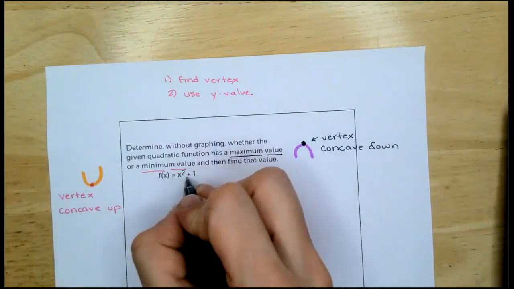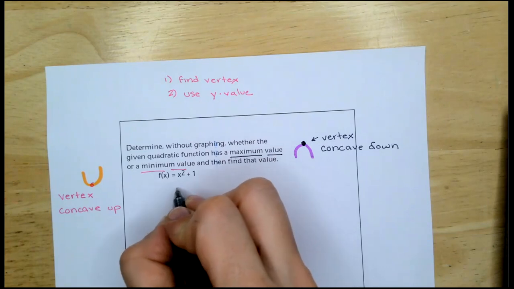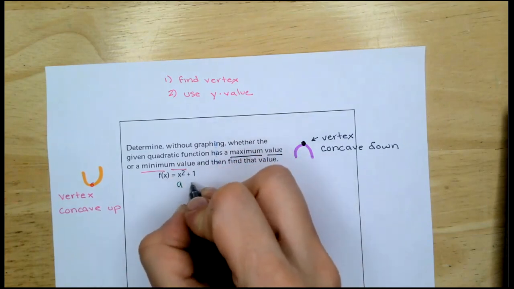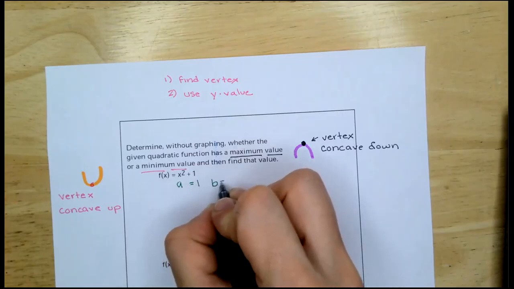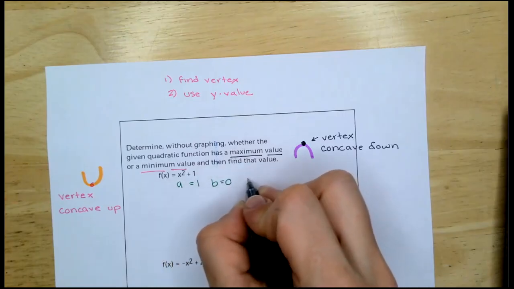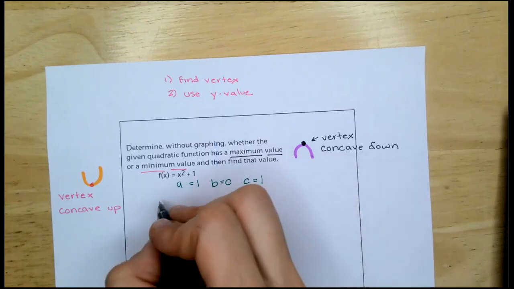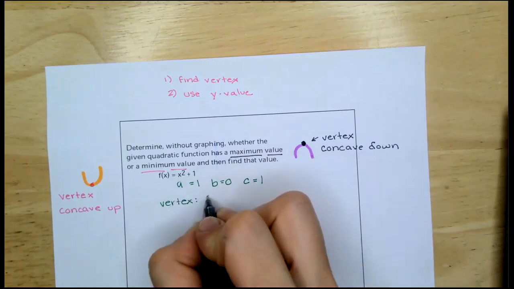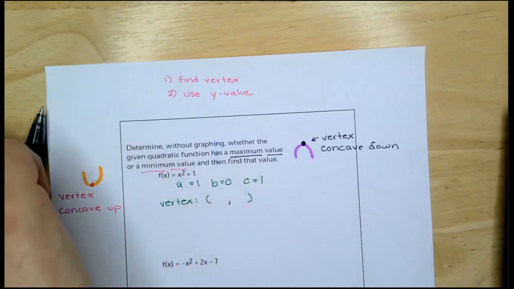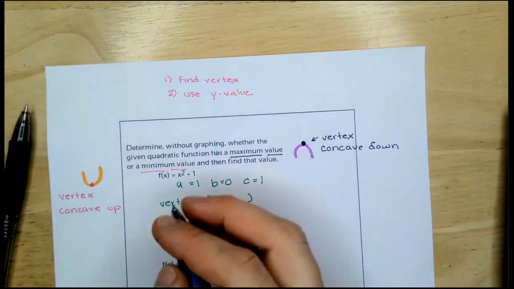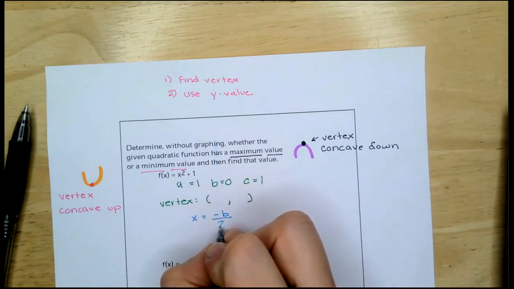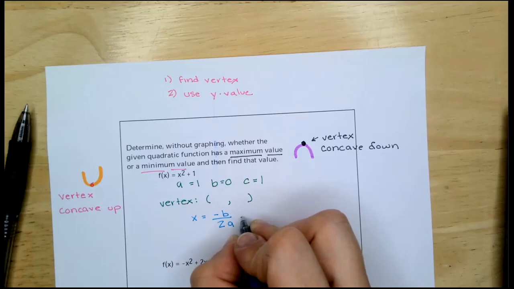So f of x equals x squared plus 1. Find your vertex. It's in standard form, so we have to use a, b, c. A is 1, b is 0, c is 1. So my vertex x value is negative b over 2 times a.